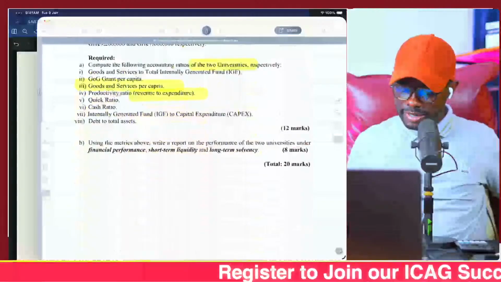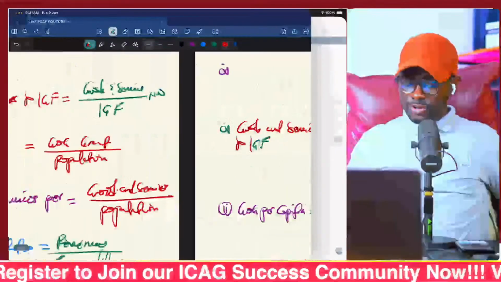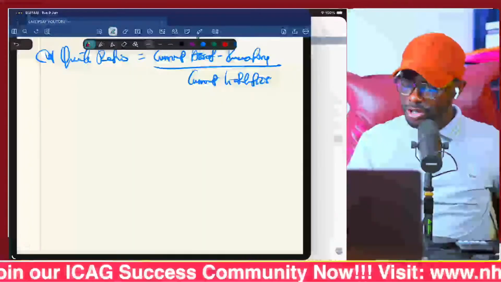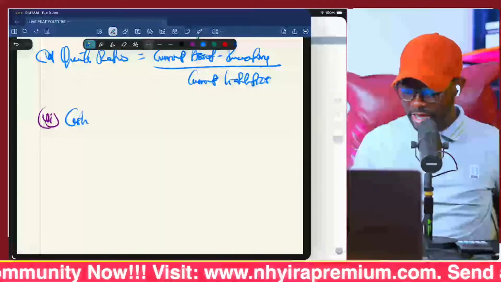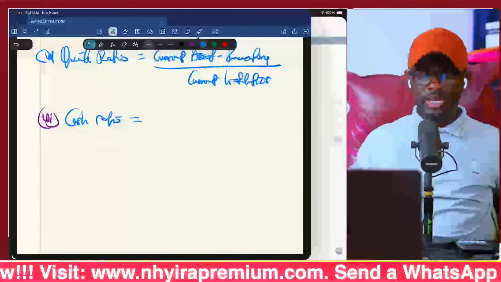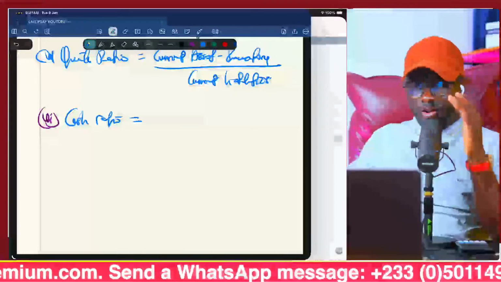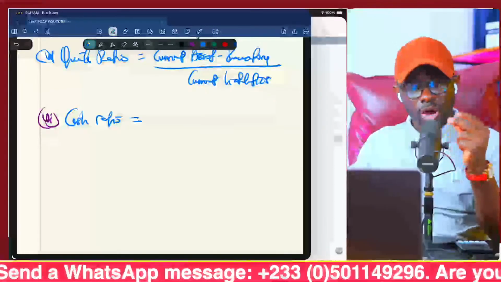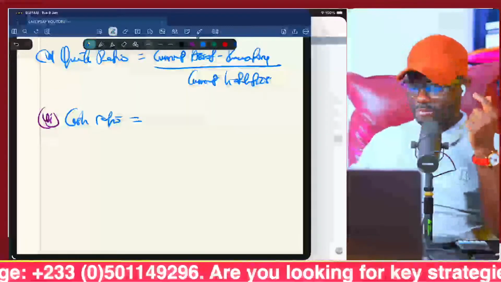The next one is cash ratio. The cash ratio is like the quick ratio Pro Max. So the cash ratio is looking at your cash and cash equivalent against your current liabilities. So if you are supposed to really pay your debt and your debts are due to be paid, what can you convert into cash within the shortest possible time?